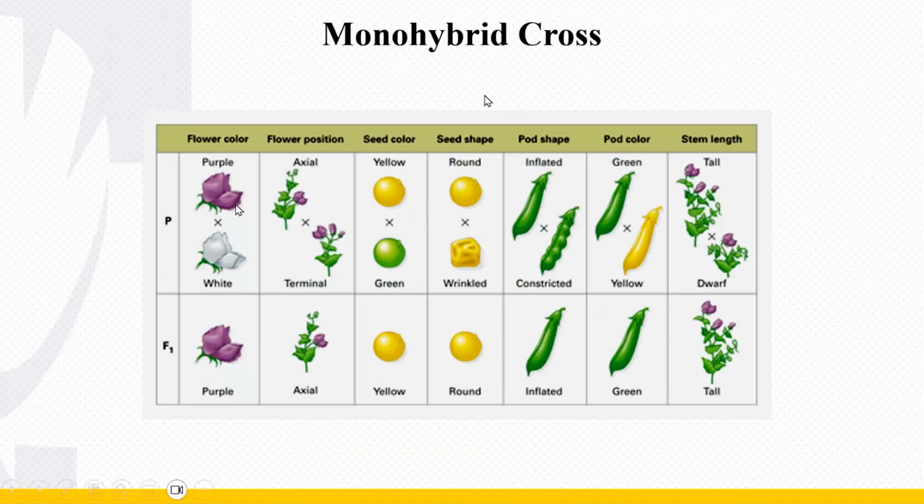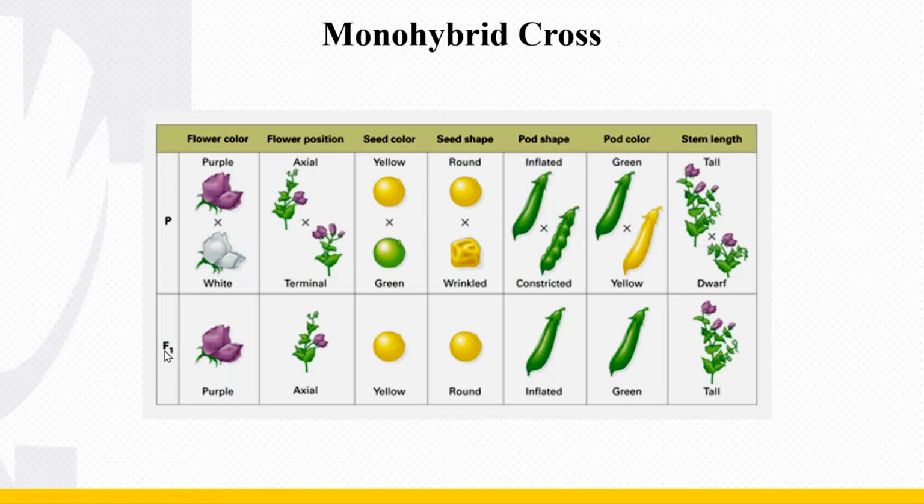And so, as we've seen before, some of the crosses that he did were for flower color, seed color, and seed shape, which are the three that we talk about in the next few slides. When he crossed these, what we have is the F1 generation.